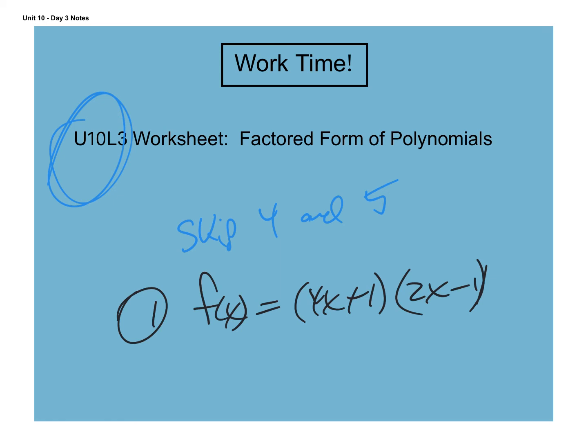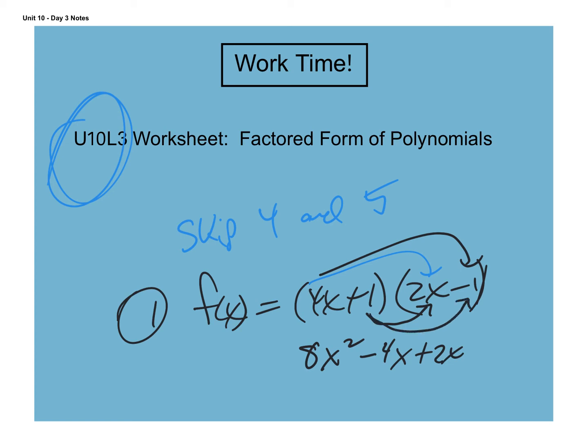Jack, can you tell me what the 4x and the 2x make when I multiply it out? 8x squared. Nice. Now the 4x and the negative 1, Jack. Very nice. Bertha, now the 1 and the 2x. Plus 2x. And now Bertha, the 1 and the negative 1.